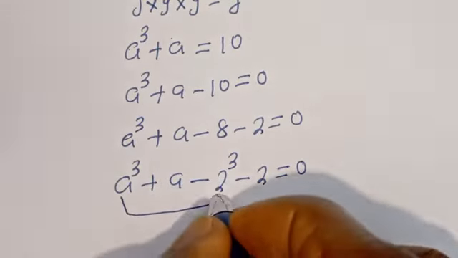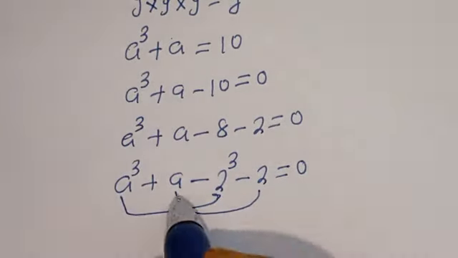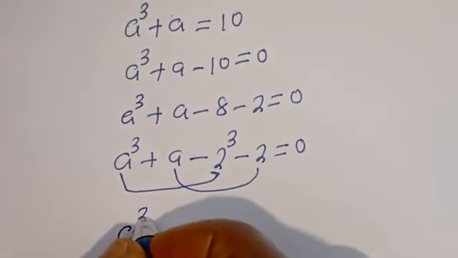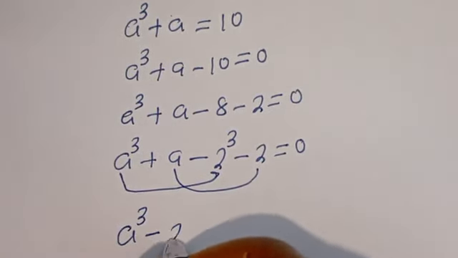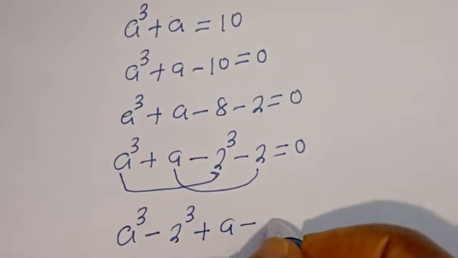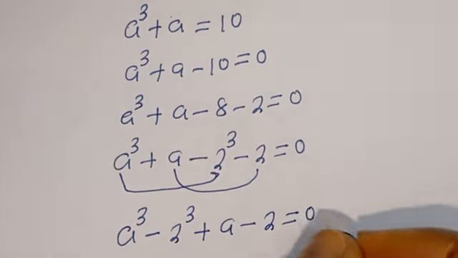Let's pair this with this and this with this. We have a to the power of 3 minus 2 to the power of 3 plus a minus 2 is equal to 0.